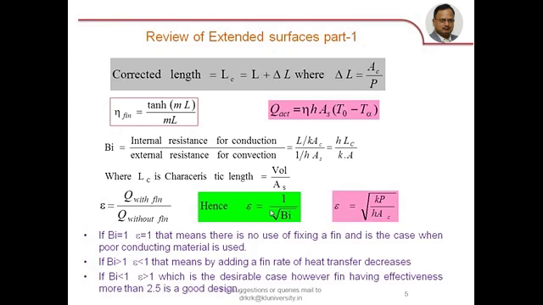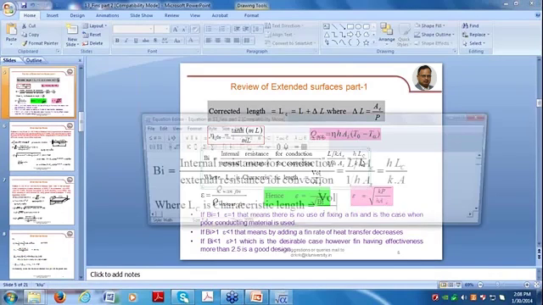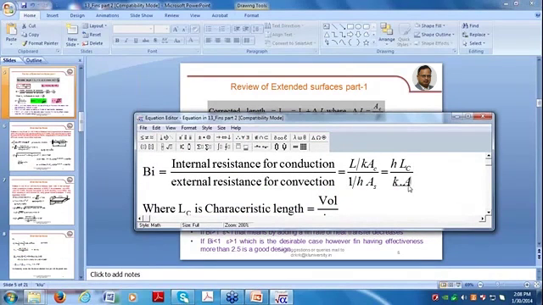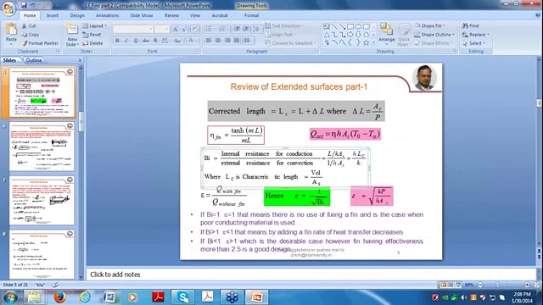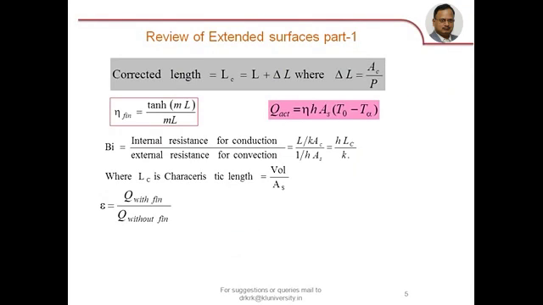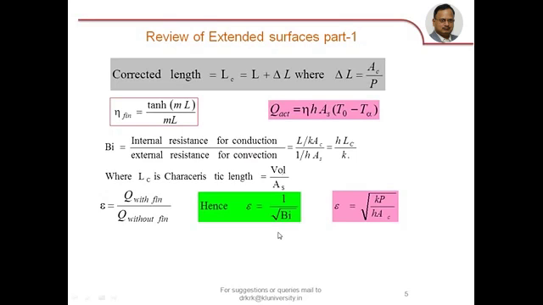Hence the effectiveness of a fin depends on the Biot number, which represents the ratio of internal resistance for conduction to that of external resistance for convection. It is hLc by k, hL by k, that's all, where Lc is volume by surface area.